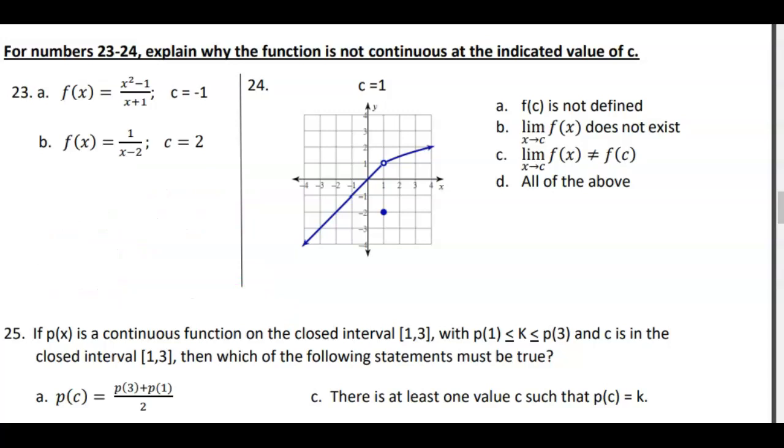So let's go ahead and take a look at part B. Now in part B, once again, f of 2 doesn't exist. If you tried plugging in 2, you get undefined. But the problem here is that the limit doesn't exist either.